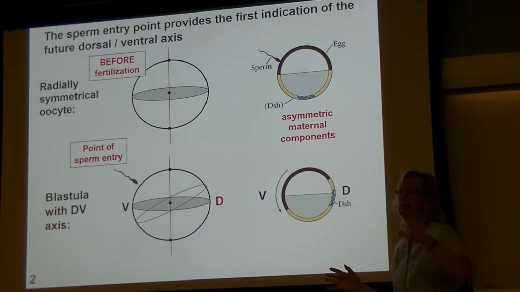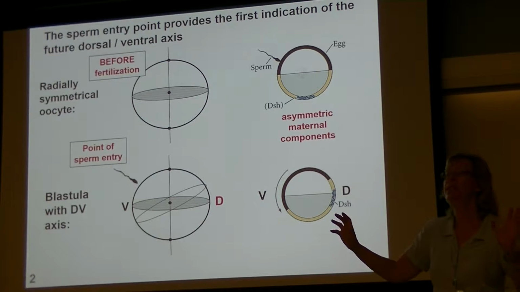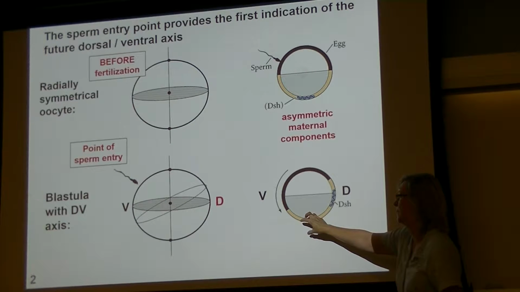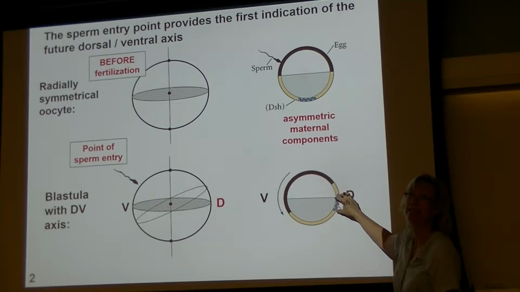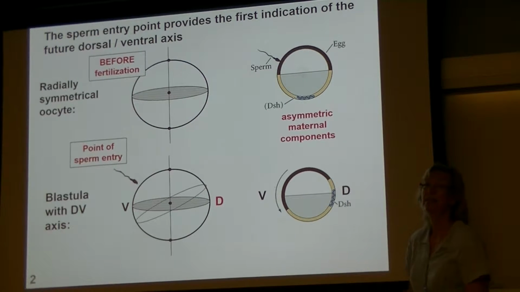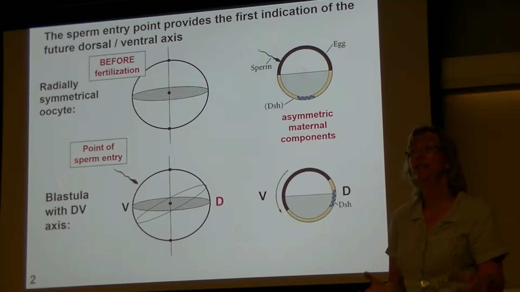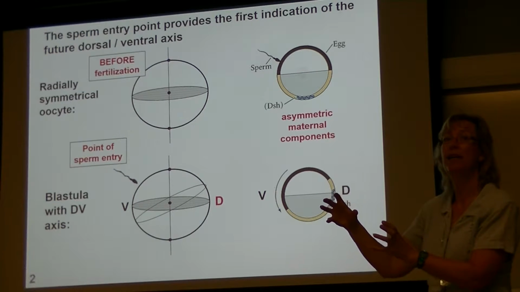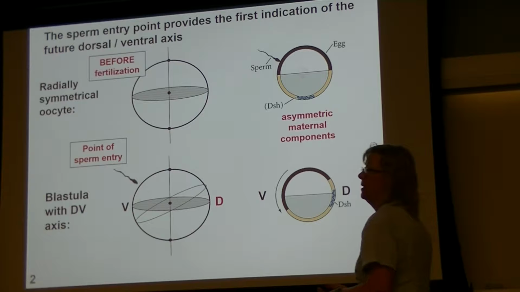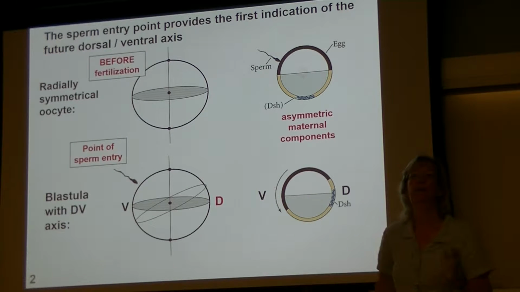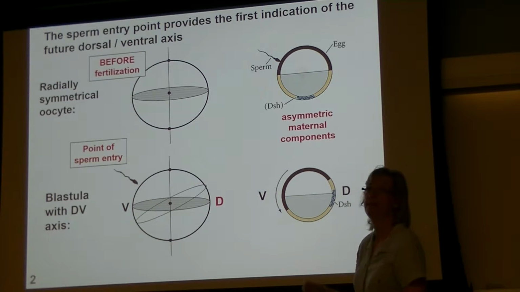But after this cortical cytoplasm moves, those Disheveled molecules are going to move along with it and get brought up here to this side that will become the dorsal side. So that's just one example of a component that now becomes sequestered or localized in a very particular region of this one-cell embryo. And that happens as a result of cortical rotation of the cytoplasm.